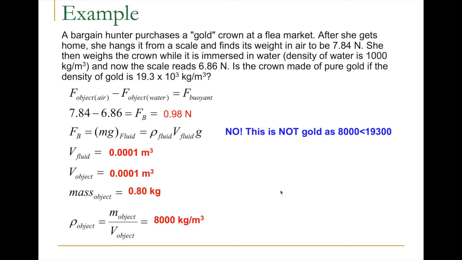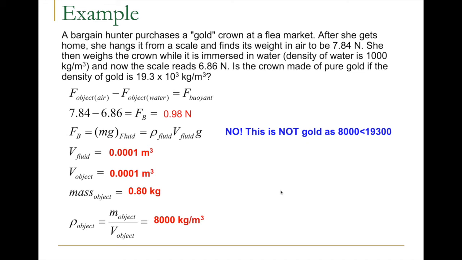Well, we know by definition that that has to be equivalent to the volume of the object itself, so we now know the volume of the object, and using a simple equation for gravitational force is equal to mg, we can find the mass of the object to be 0.8 kilograms. That gives us a calculated density of 8,000 kilograms per meter cubed.